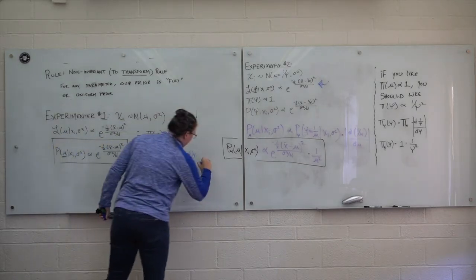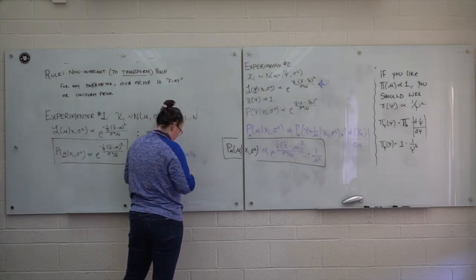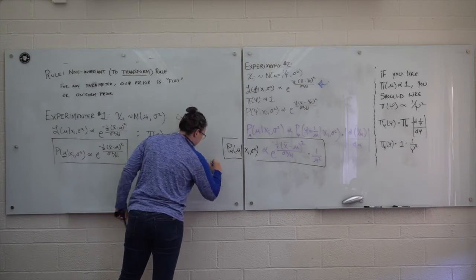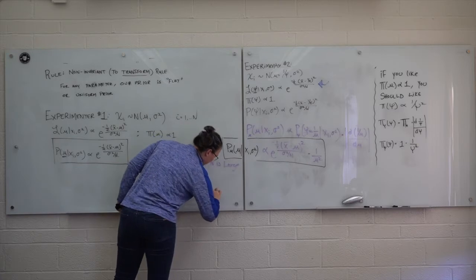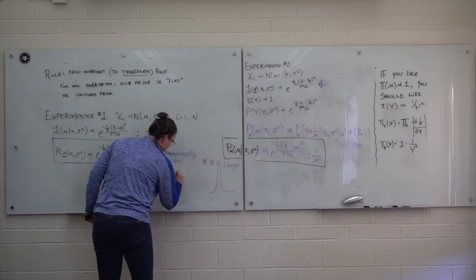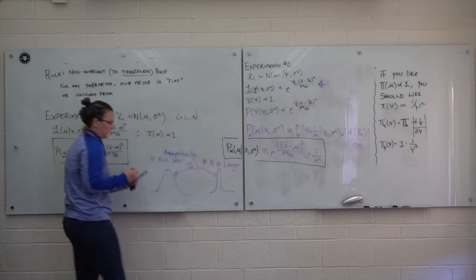If n is large, our likelihood is going to start looking very peaky. Sorry for the color change, that's our likelihood, that's our likelihood.